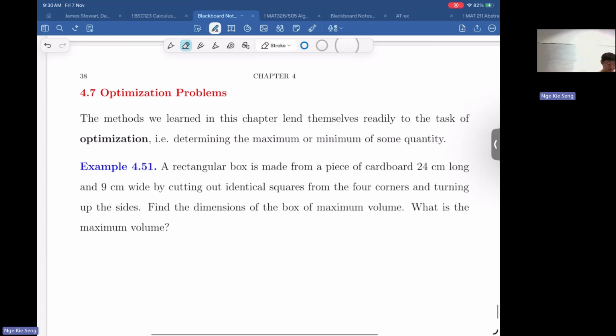Okay, so let's continue with optimization problems here. We want to find the maximum or minimum of some quantity. So this will be related to the local maximum or local minimum. Finding the first derivative, finding the stationary points and so on.